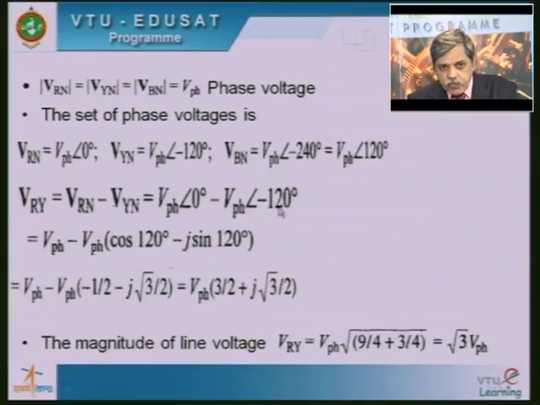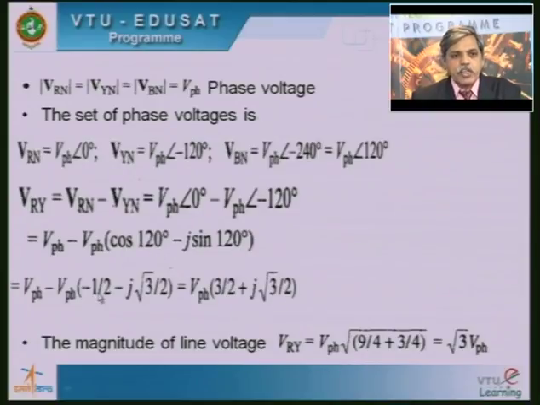If I convert this V phase at an angle of 120 into the rectangular form, I will get V phase cos 120. Whether its sign is positive or negative does not matter here. Since I have a minus sign, I use minus j sin 120 degrees.